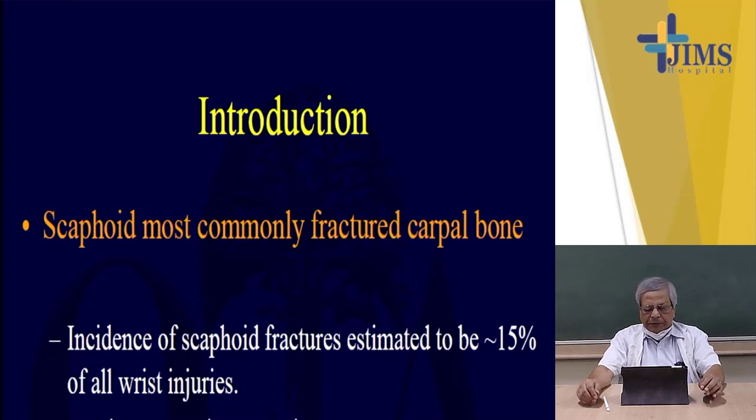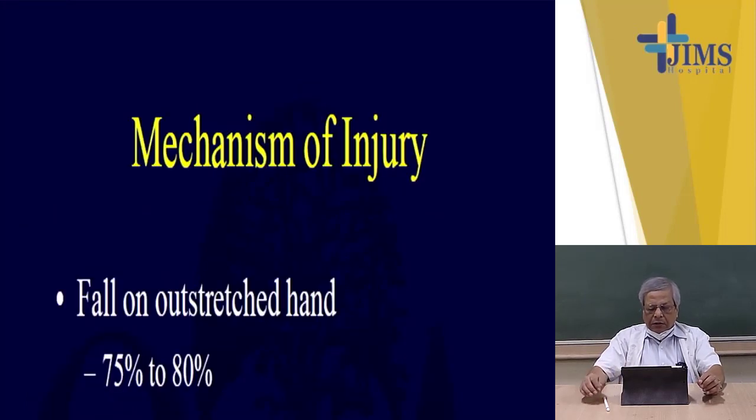The incidence of scaphoid fractures is estimated to be 15% of all wrist injuries. This is quite common. The mechanism of injury is a fall on an outstretched hand in 75% to 80% of cases.